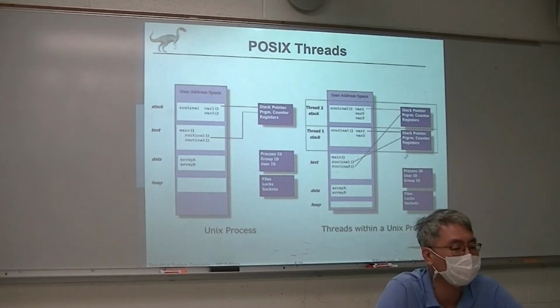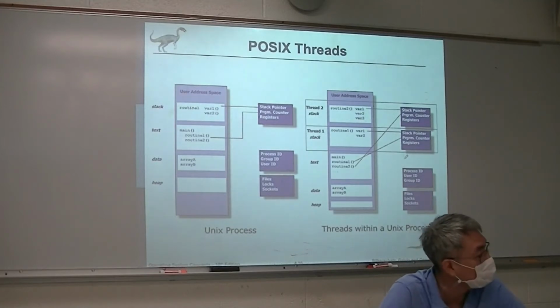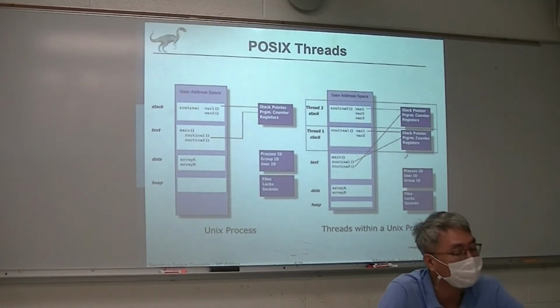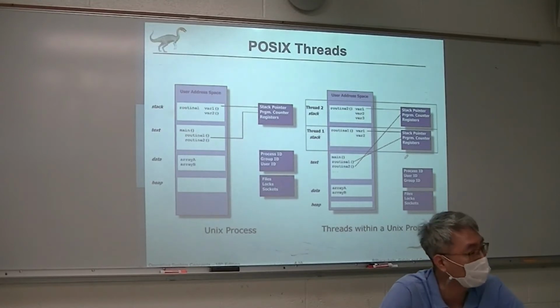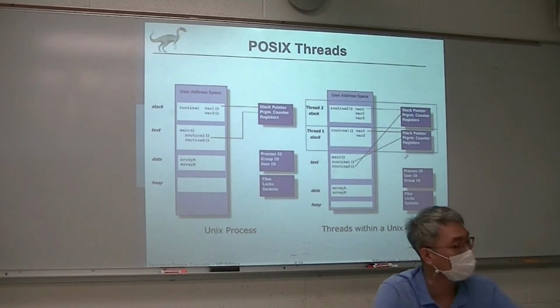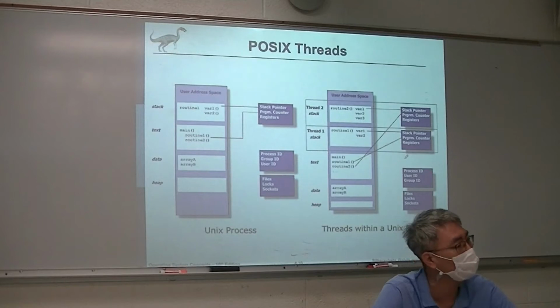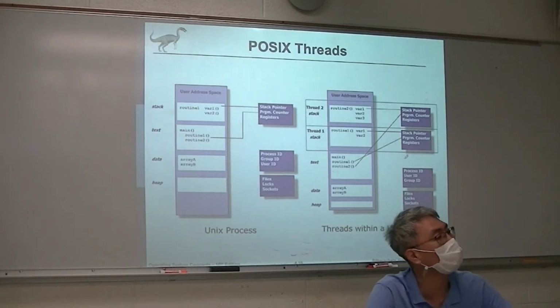So this is an example of the POSIX thread. We have seen the thread example. One is the Pthread. Pthread is for the Unix or Linux system. But Pthread, the POSIX thread, is kind of a standard. So based on that specification standard, each operating system implements its own thread library.